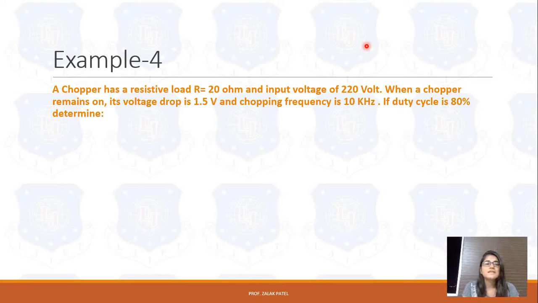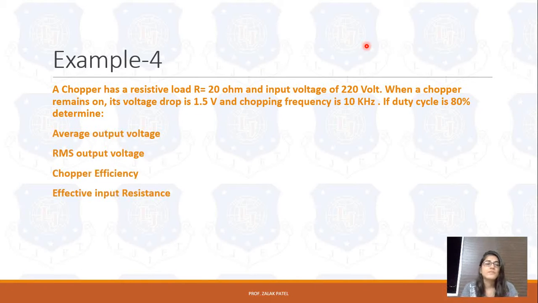If the duty cycle is 80%, then determine the average output voltage, RMS output voltage, chopper efficiency and effective input resistance. So let's start with the solution. Here resistance is given, frequency is given, the voltage drop VCH is also given, and the duty cycle is 80%.